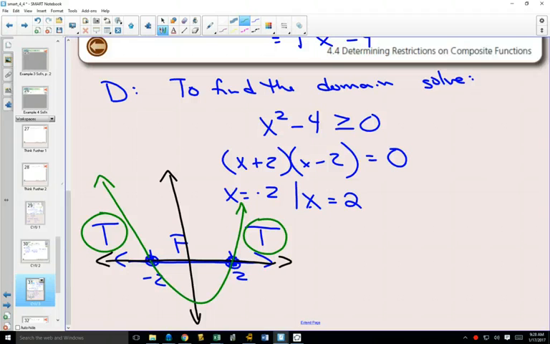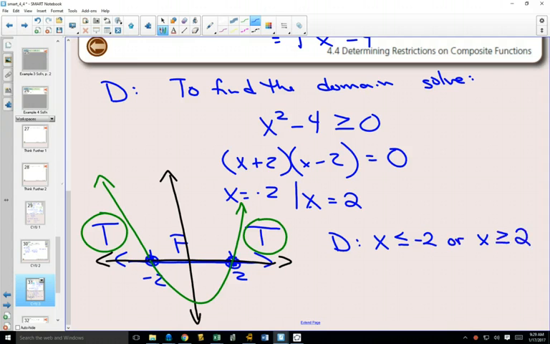So now the question is, how do we write that domain when we have two places that it's true? If you write it in set notation, the first true on the left is when x is less than or equal to negative 2. And the true on the right is when x is bigger than or equal to 2.